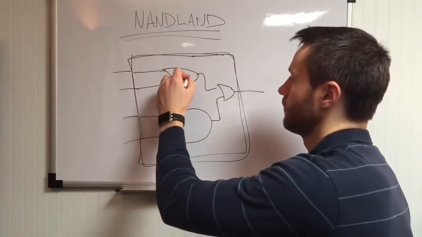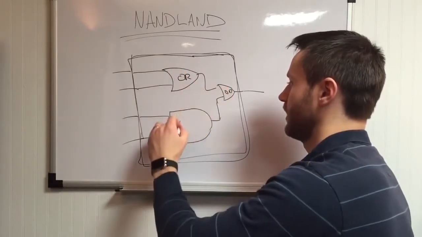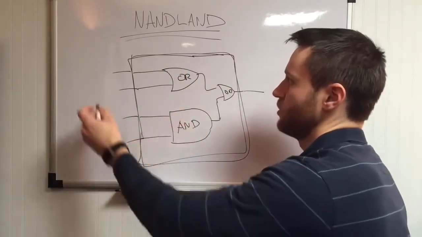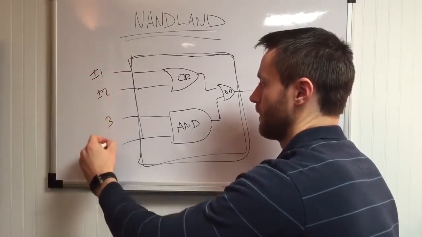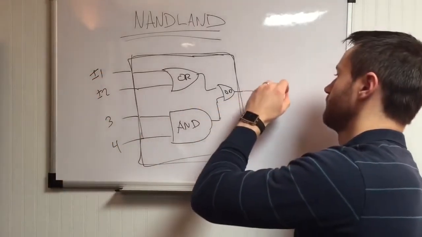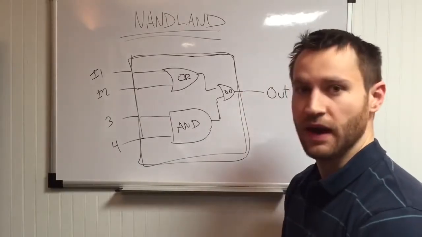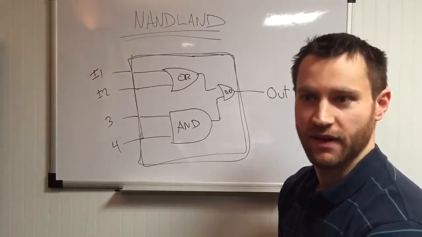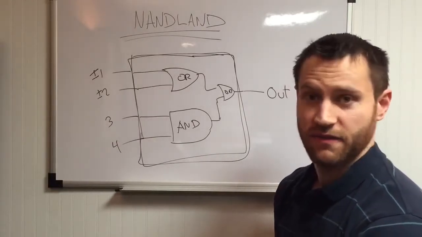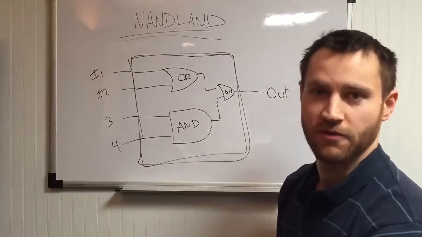This is an OR gate, this is an OR gate, this is an AND gate. So you have 4 inputs and 1 output. Now, not too complicated, not very special, but in 1985, this was pretty powerful.